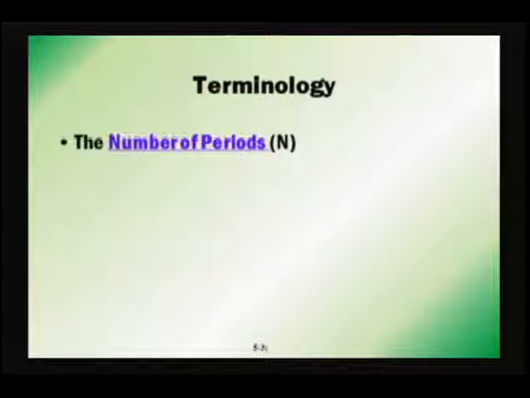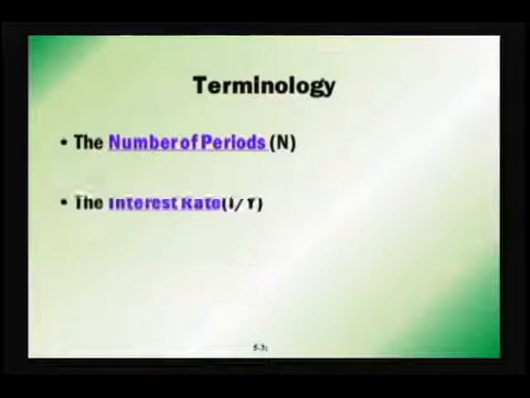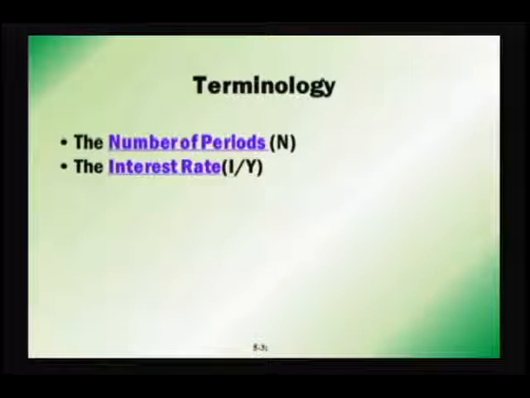Some terminology I want you to be familiar with as we go through the time value of money and using the financial calculator. The number of periods on your financial calculator will be N. N could be a month, it could be a year, or it could be whatever time period you decide to work with. I/Y is the interest rate.